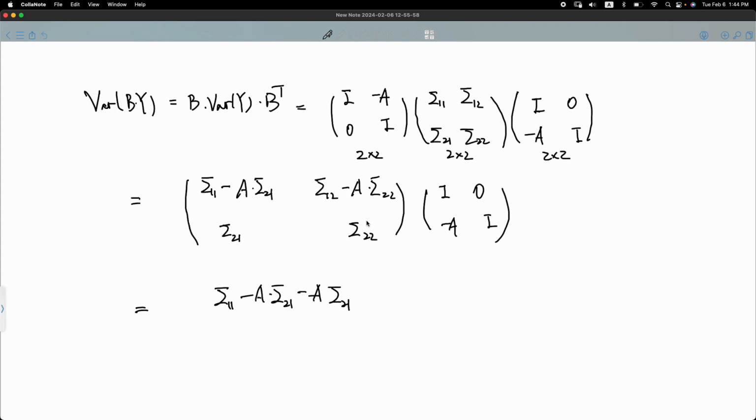Is that correct? I don't think that's correct. So identity multiplied by that, and then negative A multiplied by sigma 1 2 minus A sigma 2 2, right?